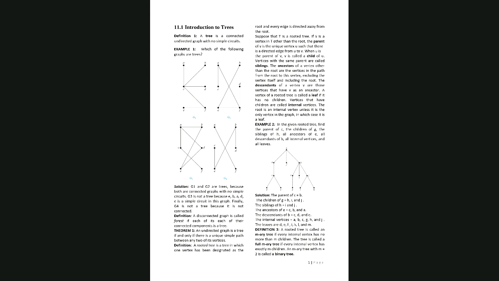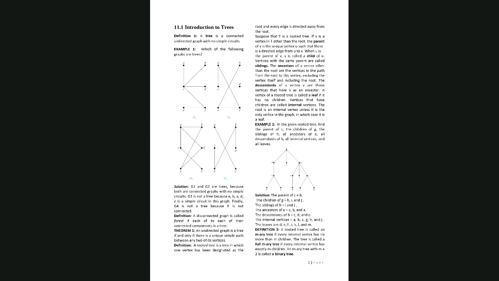Ancestors of E: this is E, and the ancestors mean father, grandfather, like that. This is the father, meaning parent, and this is the grandparent, and this is also a grandparent. So C, B, A are the ancestors.